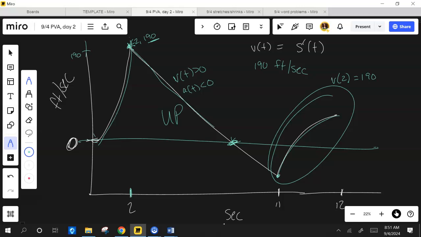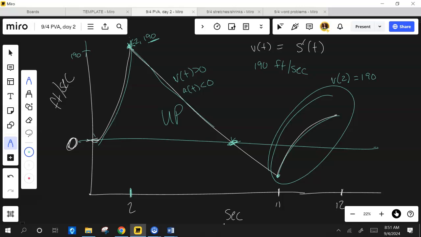How fast was the rocket falling at that point? Okay, what's it asking me? How fast it was falling? This is velocity.